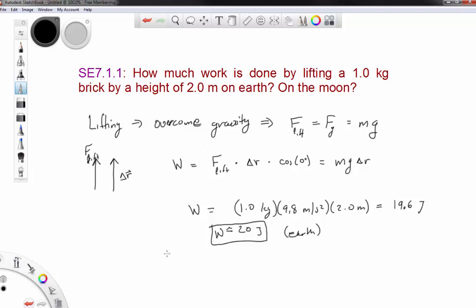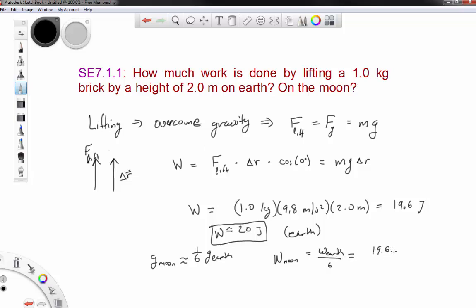If we do the Moon, then g for the Moon is about 6 times smaller than g for the Earth. So we could just take this number and divide by 6. So W Moon is W Earth over 6.